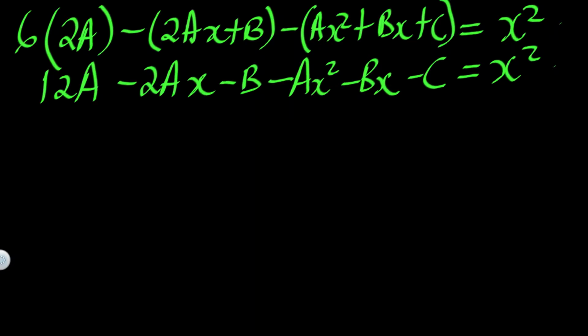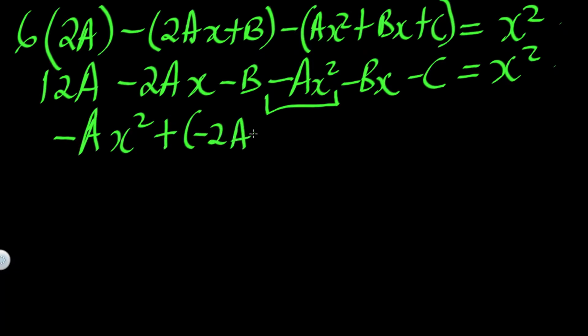I want to group the like terms together. If you look here, we only have one with x squared, so this is minus ax squared. Now I want to put together the coefficients of x. So we have minus 2a and minus b. I'm going to group them, so this is plus (minus 2a minus b) x.